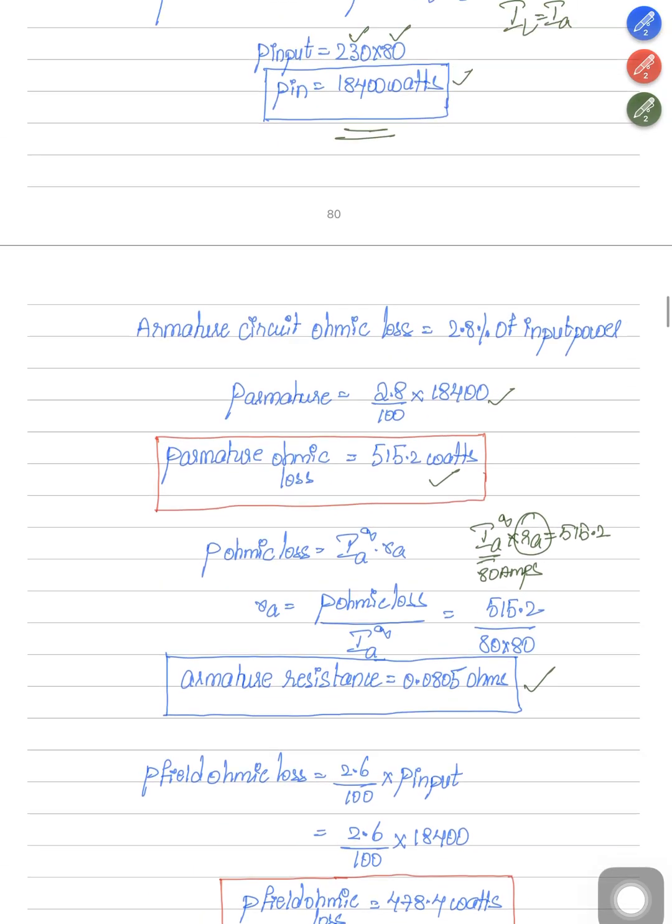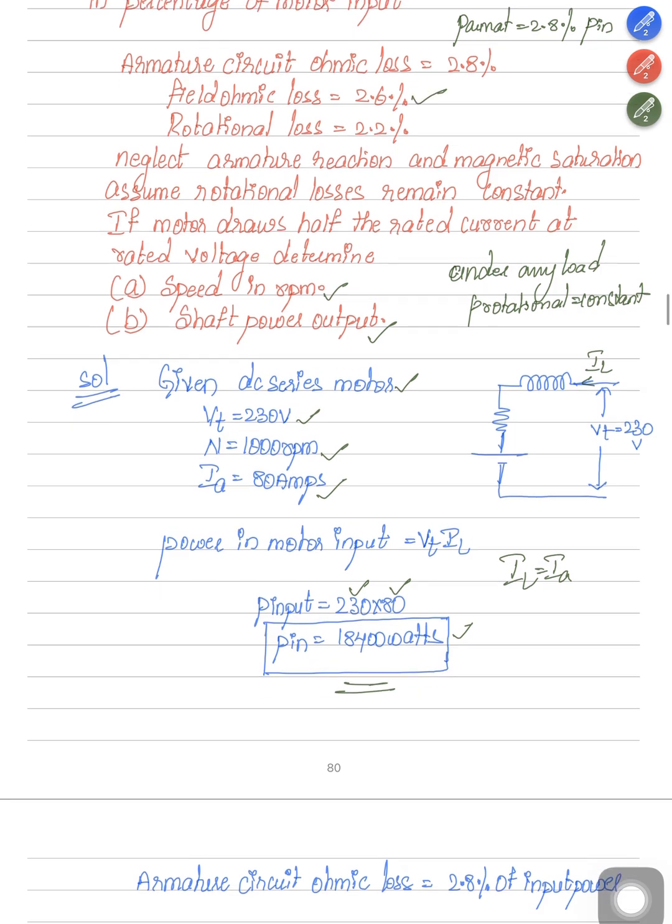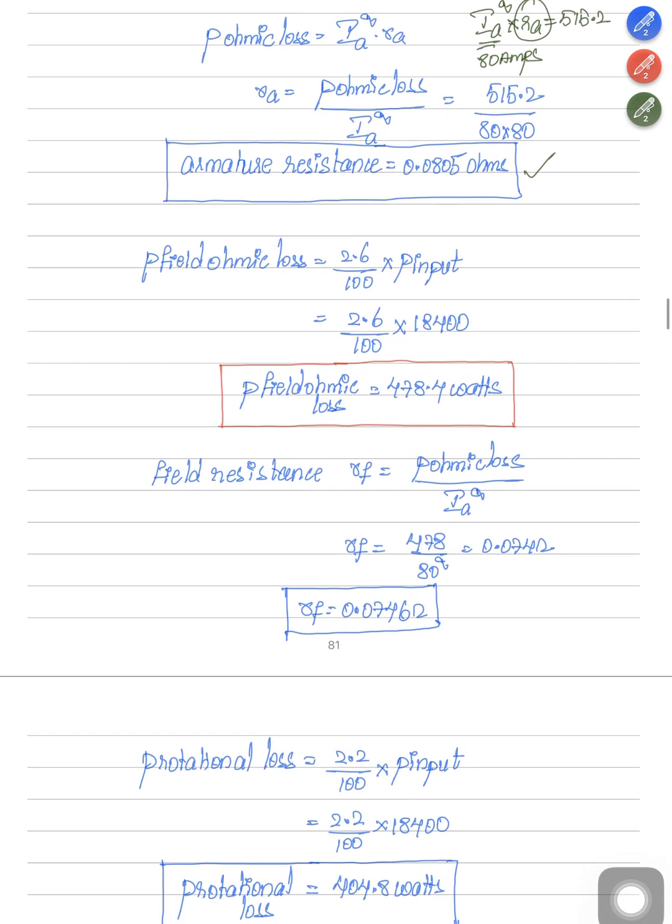Similarly, the field ohmic loss is 2.6% of input power. Input power is already 18,400 watts. By this, the field ohmic loss is 478.4 watts. By this, I can find field winding resistance.